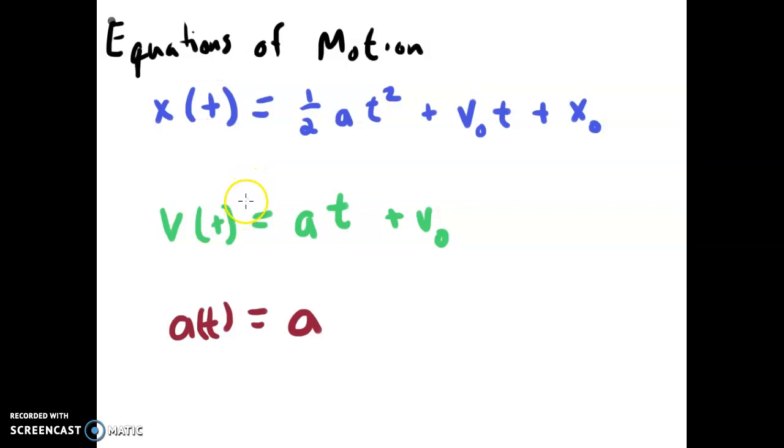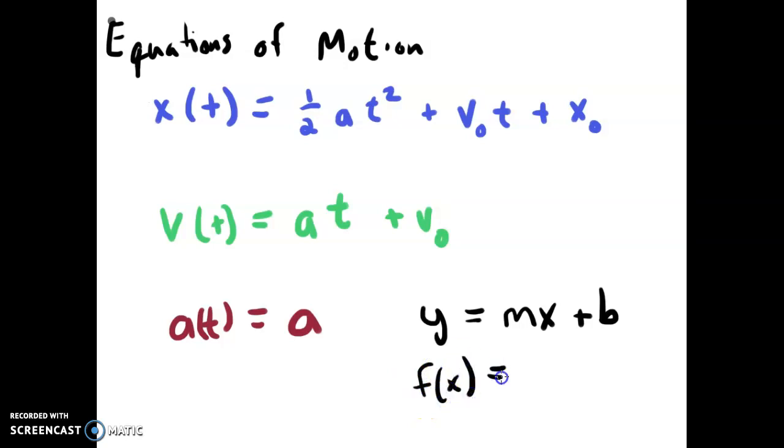Okay, and you may have recognized this. Sometimes you would see this as your slope intercept form. Sometimes your teacher would write y equals mx plus b, but they also might have written f of x is mx plus b.